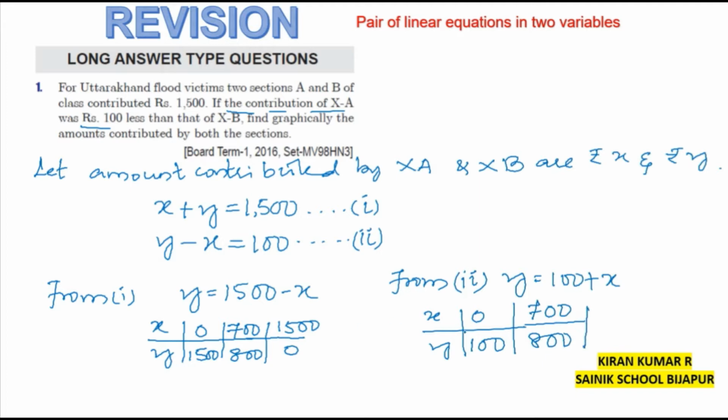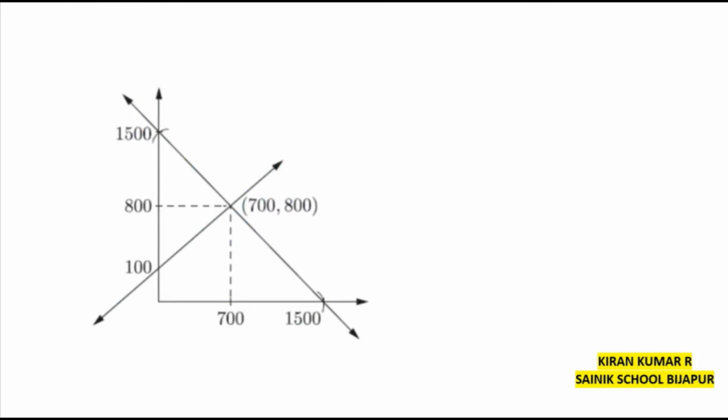Now with these coordinates, I would like to plot the graph. I'll show you how the graph looks. The graph of those two equations looks like this. They intersect at 700, 800.